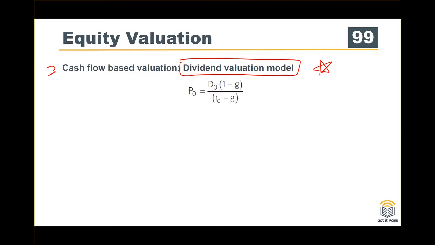For example, I still remember, multiple times, providing you D0, D1, and then the ROE, and asking you what the price is. So you have to remember this formula, and check it in the formula sheet to come out with the answer. This is a very important topic that I would like to highlight for you.